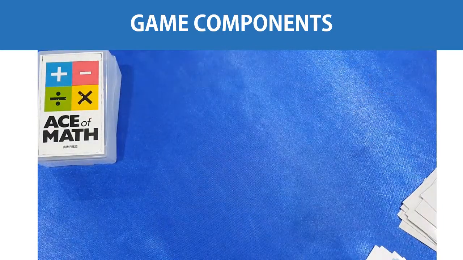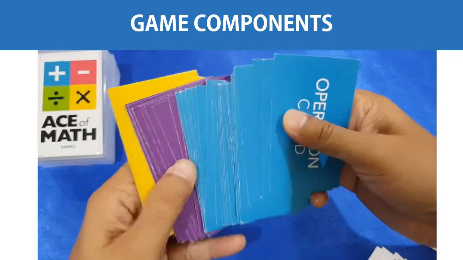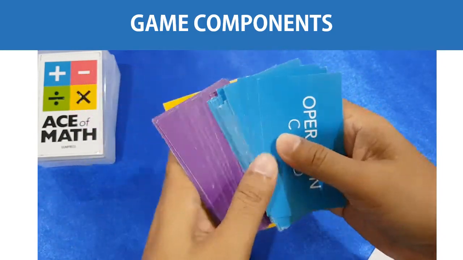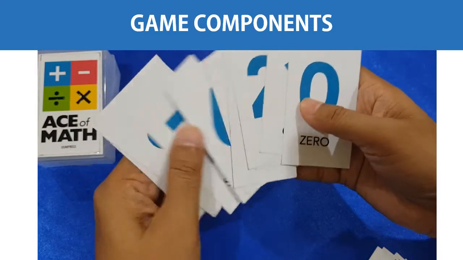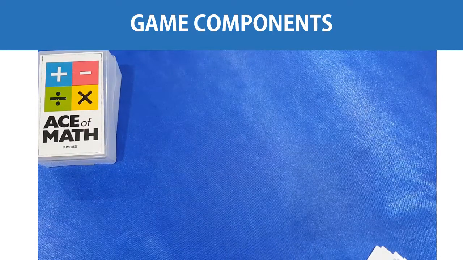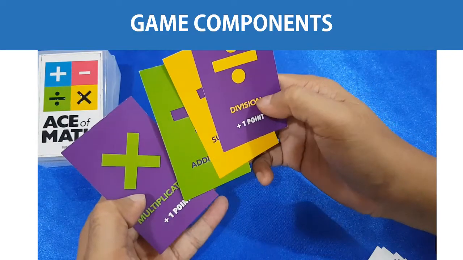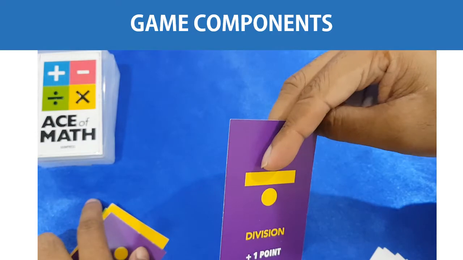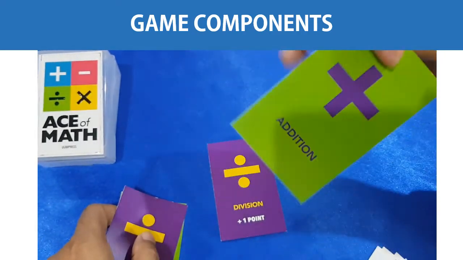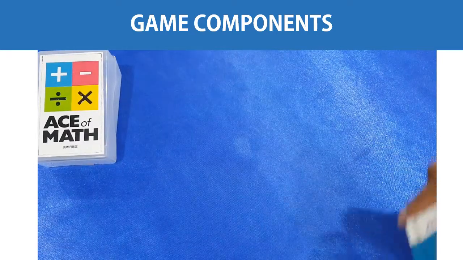And then the operation cards, which are broken down into three types, namely number cards, consisting of 0 until 9, basic mathematical operations, addition, subtraction, multiplication and division, which are double-sided, multiplication with division and subtraction with addition, and finally, the action cards.